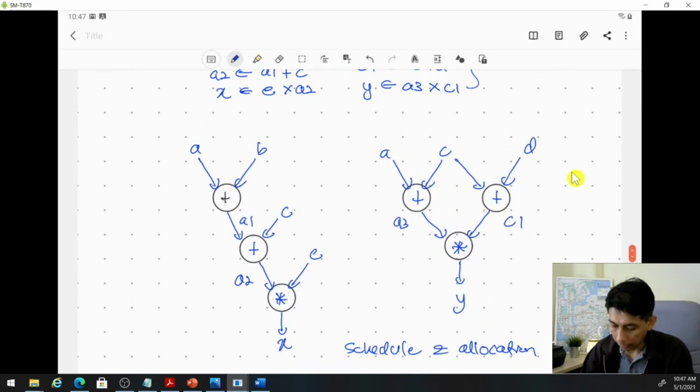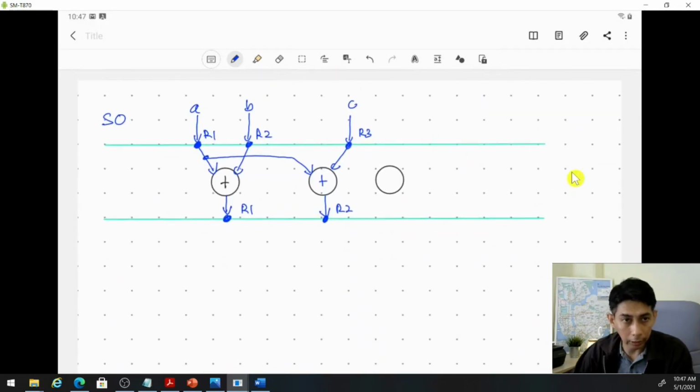And one more operation is this, C plus D. Of course our C is in R3 and D should be in another register, which is D here, and we can save this in R4, and this is plus R4.